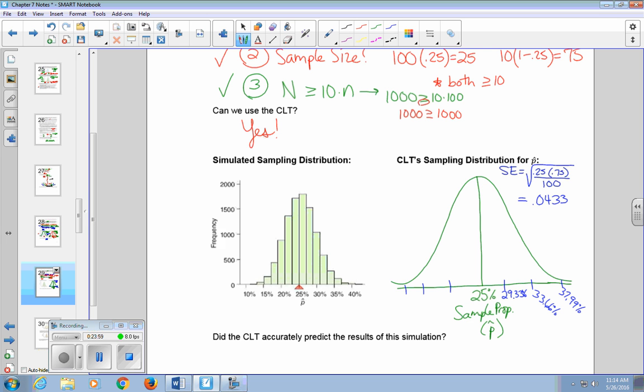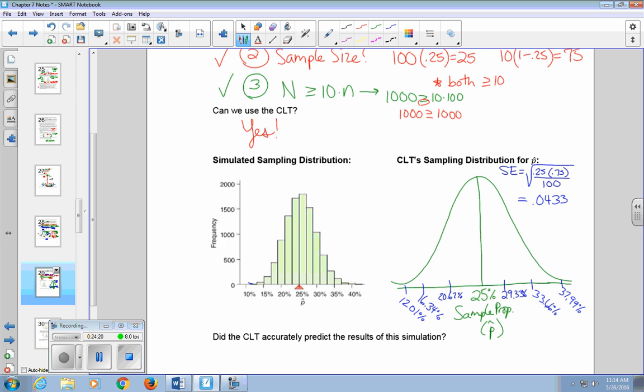You can double check this, grab a calculator and try it out for yourself. If I take 25% and subtract 1 standard error, I get 20.67%. Here it's 16.34%. And here it's 12.01%.